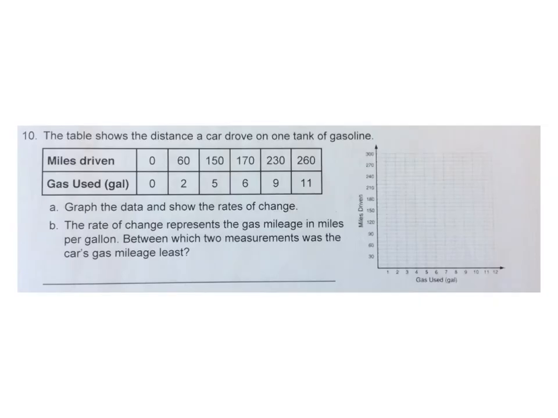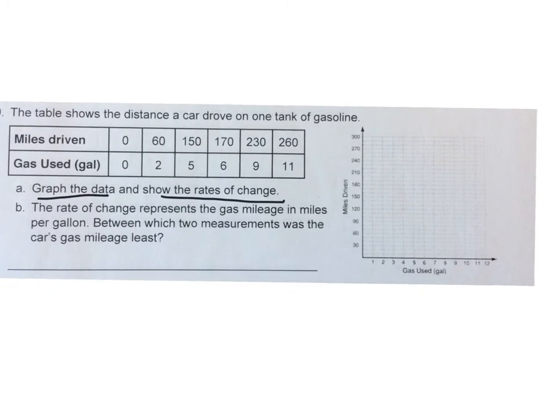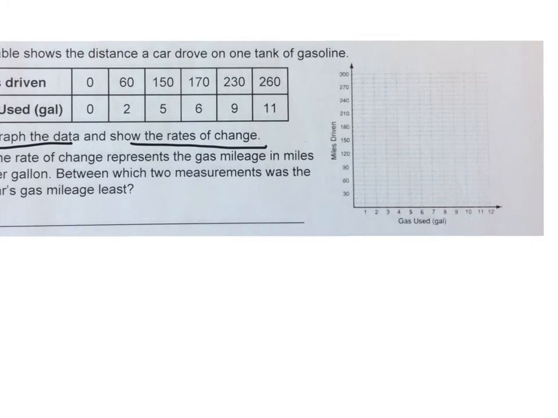The instructions on this say graph the data and show the rates of change. Well, let's just go ahead and graph this data and see if we can come up with an answer for that. 0, 0 is going to be right here. Gas used and miles driven, so 2, 60 is going to be about right there. Let's make that a little darker. And then 5, 150 is going to be about right there.